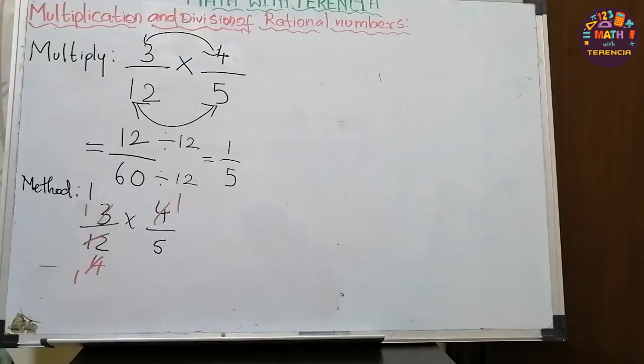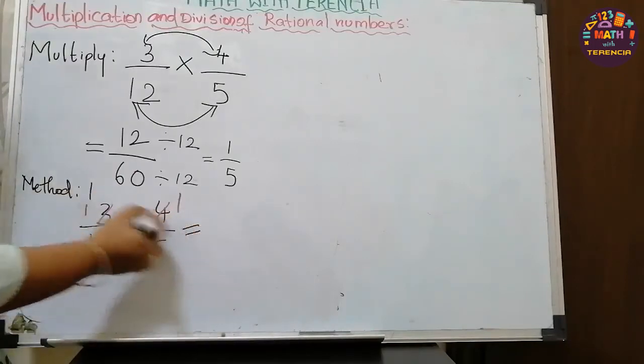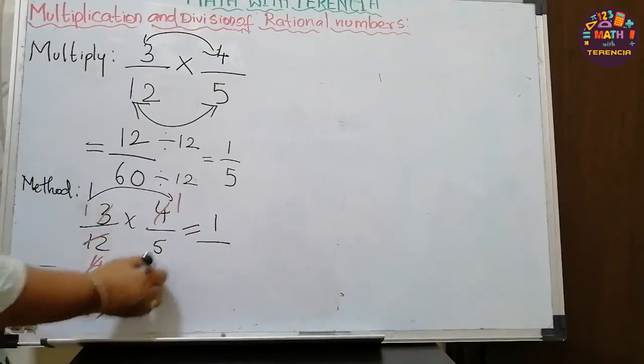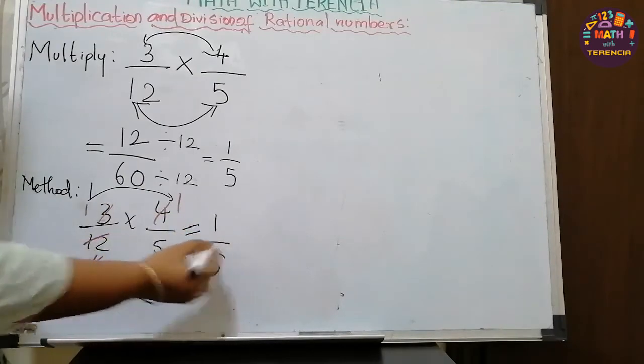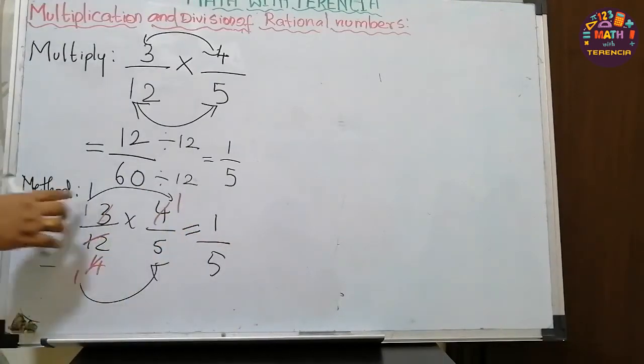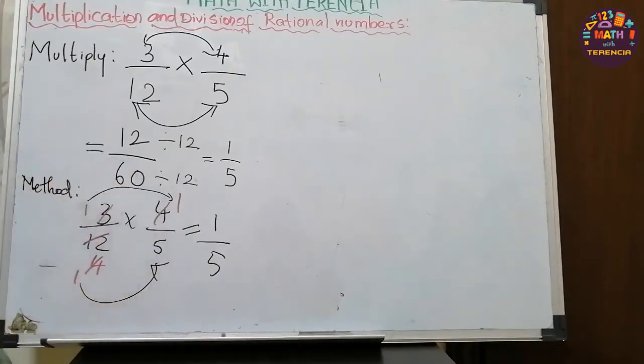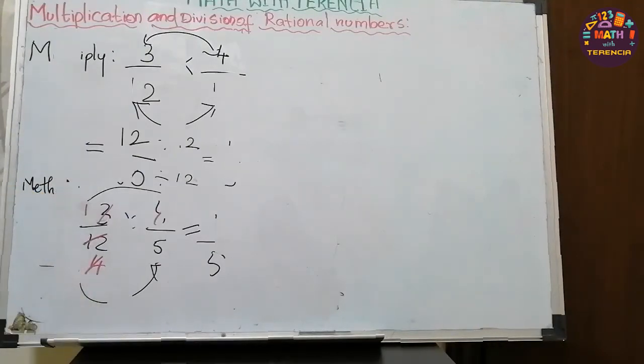So the answer can be written as 1 multiplied by 1 is 1, and 1 multiplied by 5 is 5. This is the second method, to simplify and then multiply. Both give the same answer, but the second method makes your work easier.